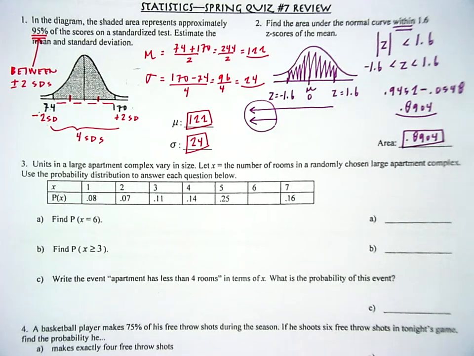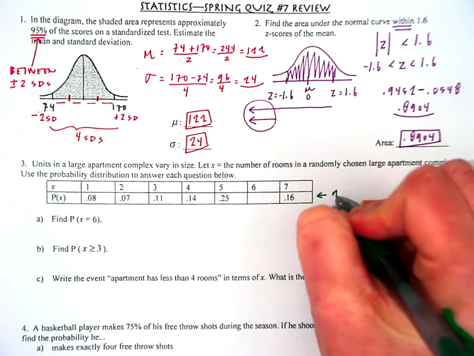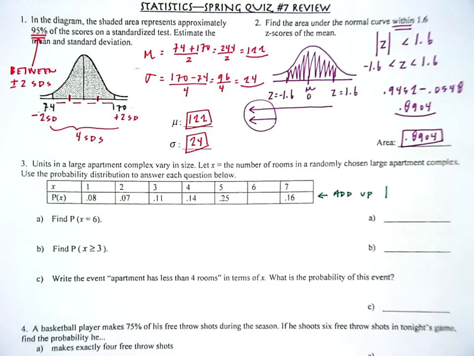We could have 1 room, we could have 2 rooms, we could have 3 rooms, we could have up to 7 rooms. So we're given the probability that goes with each room number. So here we need to know that together all of these probabilities, they have to add up to 1 since they represent all of the possibilities that could play out.